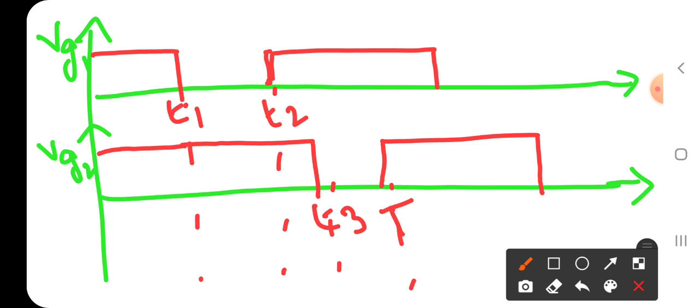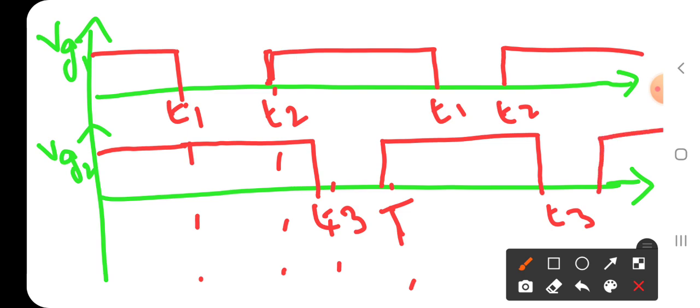Let me assume this is time period T. So again it is T1, then T2, then T3, and again the same thing starts at 2T.